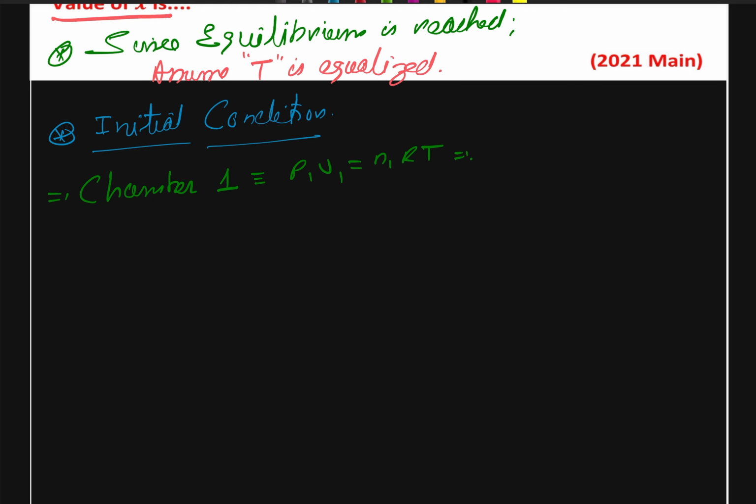We get 2 times 4.5 is equal to the number of moles, 3, times RT, and this comes as equal to 9, and this gives us that the value of RT is equal to 3.